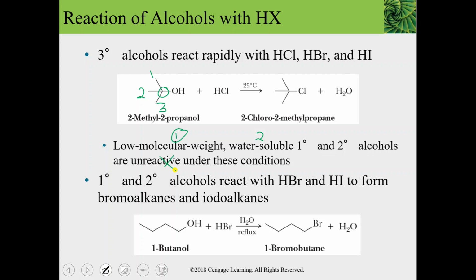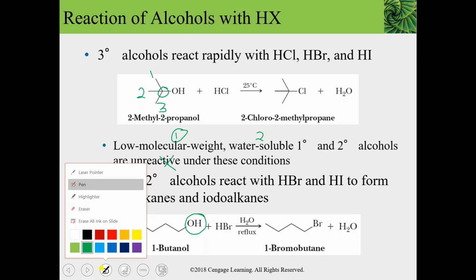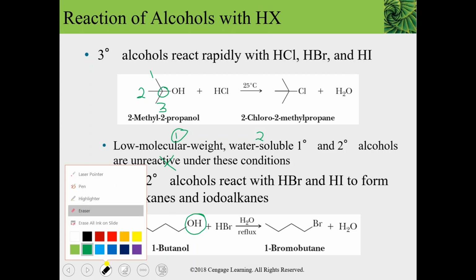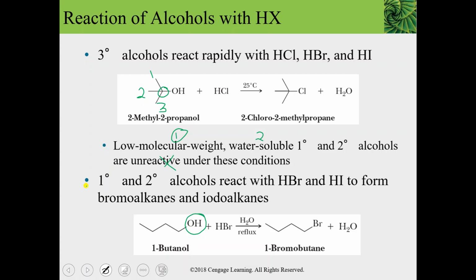Primary and secondary alcohols will react with hydrobromic and hydroiodic acid to form bromoalkanes and iodoalkanes. So if we have 1-butanol, we've got 1, 2, 3, 4 carbons.